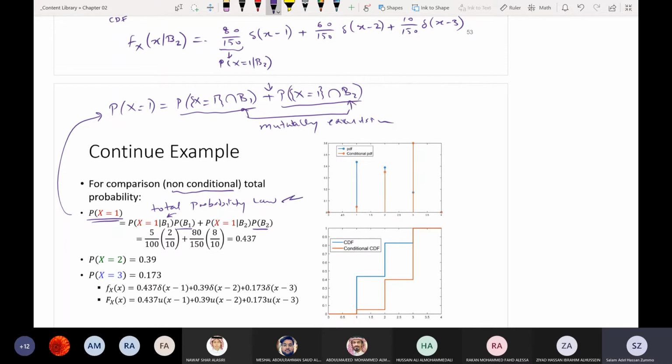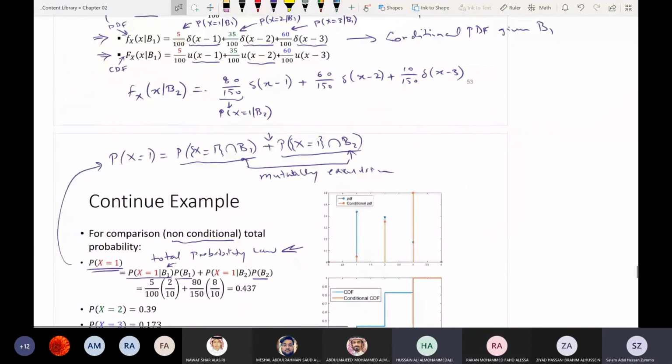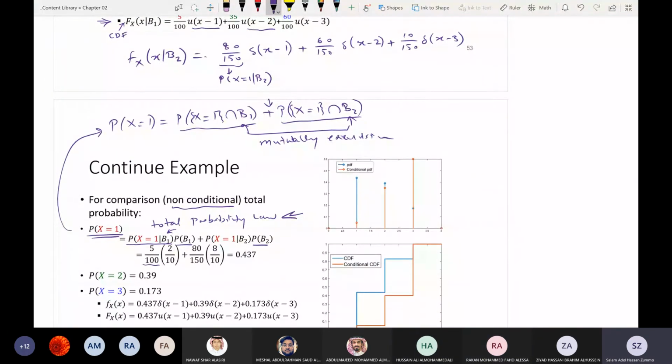This is very important, guys, to understand how to apply this total probability law. Now, in order to find this, we just substitute. What is the probability that x equals 1 given B1? We already found it above. 5 over 100.